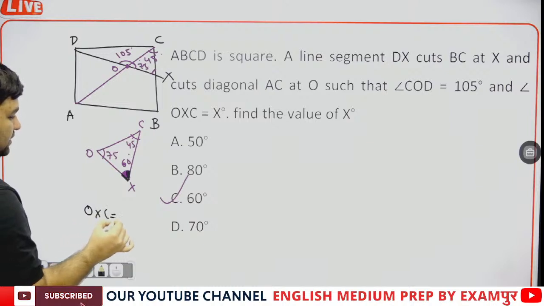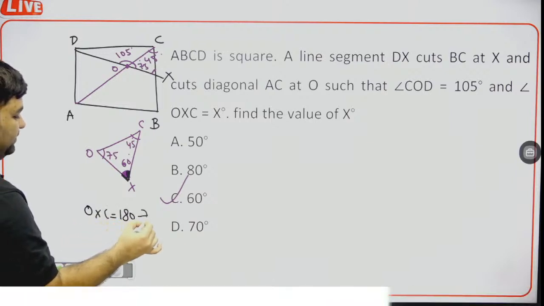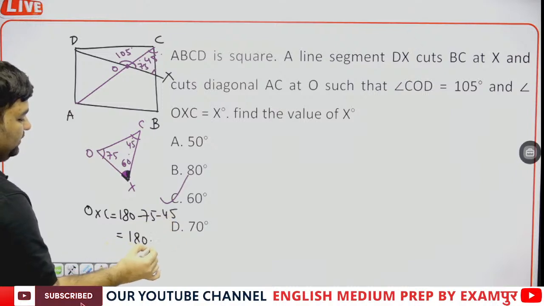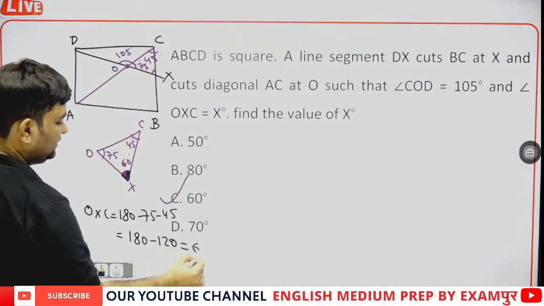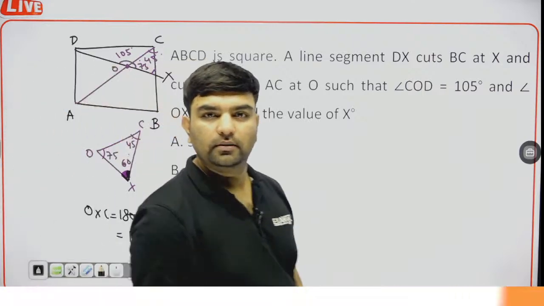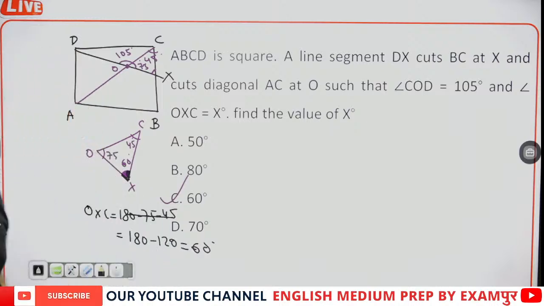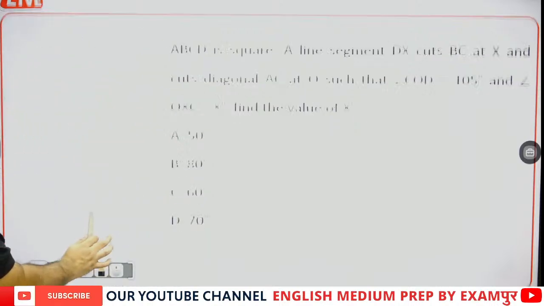OXC is 180 minus 75 minus 45. 180 minus 120, 60 degree. Next.